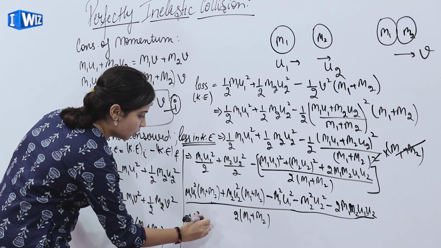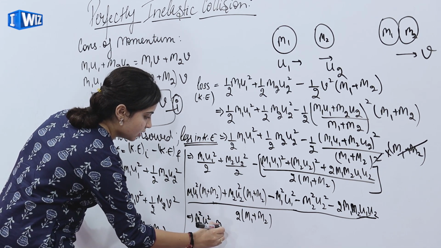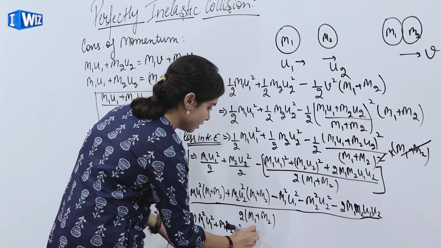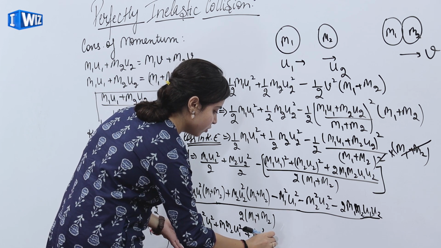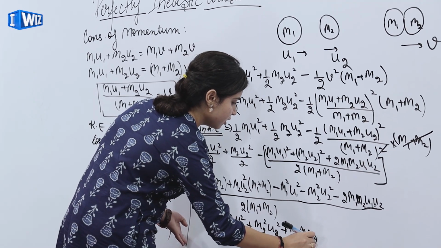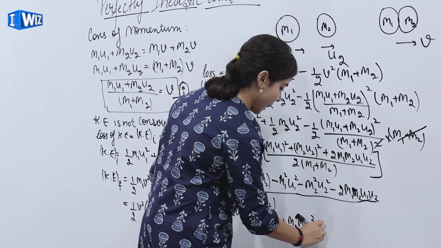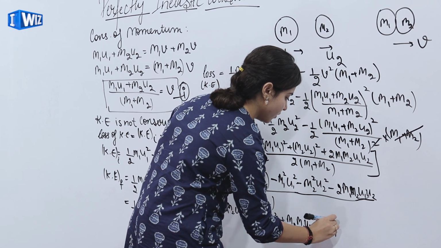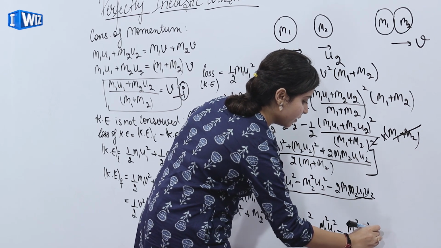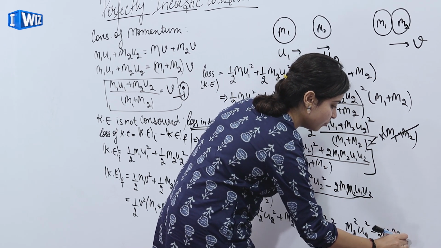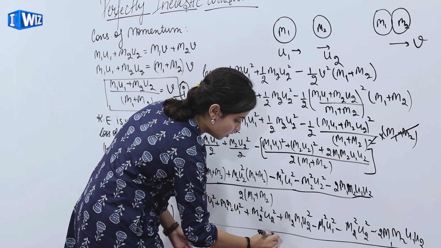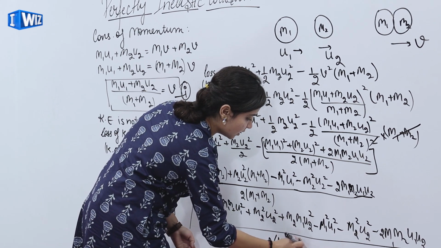So we solve further: m1 square u1 square plus m1 m2 u1 square plus m2 square u2 square plus m2 m1 u2 square minus m1 square u1 square minus m2 square u2 square minus 2 m1 m2 u1 u2, upon LCM 2 (m1 plus m2).